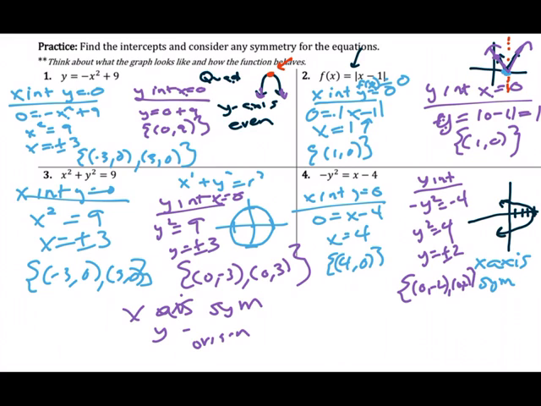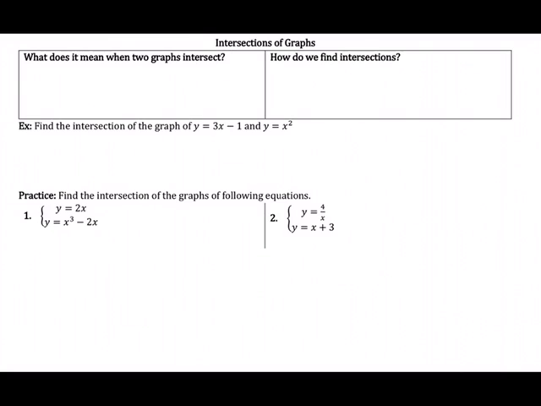And that wraps up intercepts, how to calculate them given an equation. What we're going to do next is look at what happens if we have two equations that we're looking at at the same time. So let's say we had the graph of a circle, and let's go simple, a line.